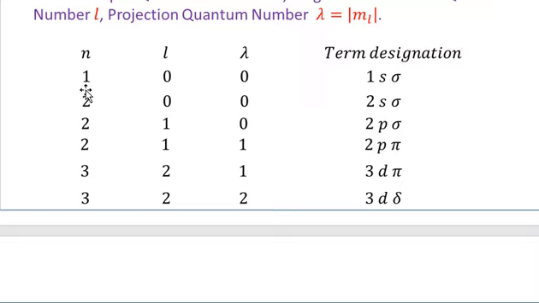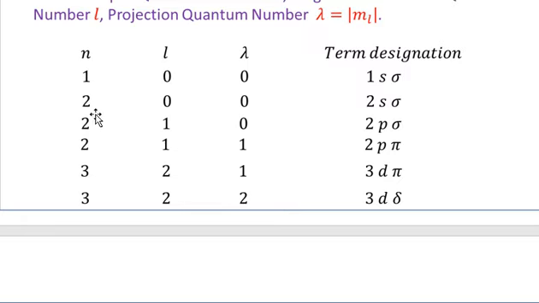When n is equal to 1, the only permitted value of L is 0, lambda will also be 0, and the term is designated as 1s sigma. 1 represents the principal quantum number n equal to 1, s represents L equal to 0, and sigma represents lambda equal to 0.